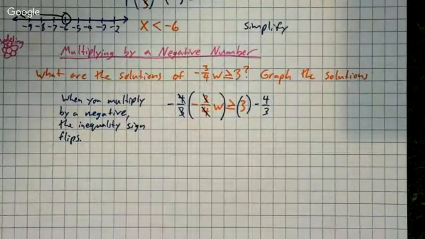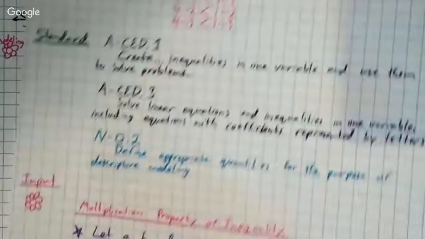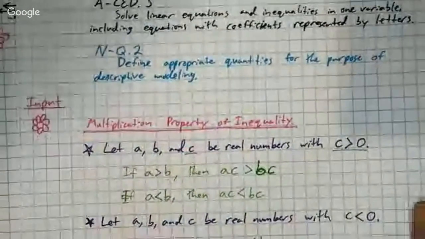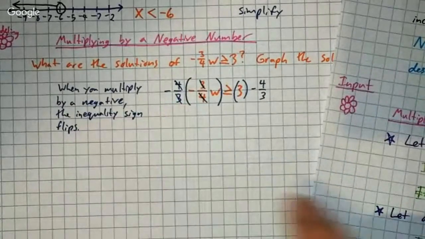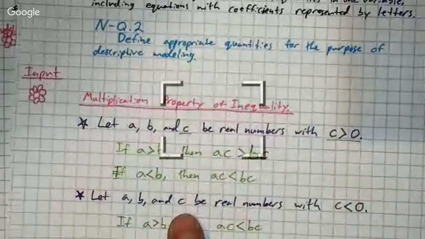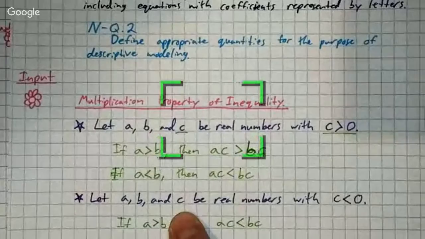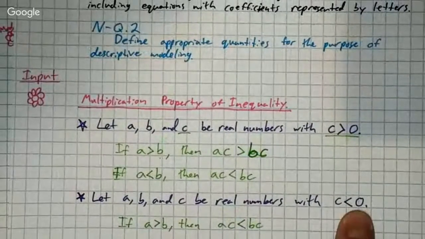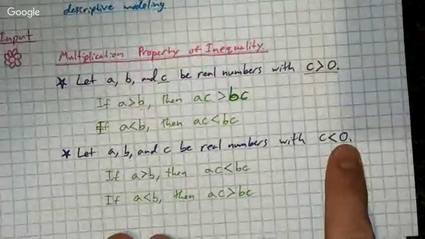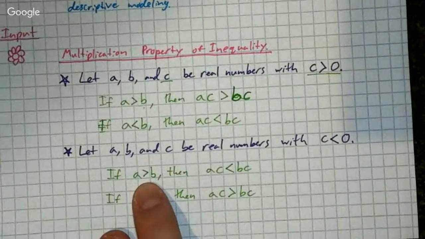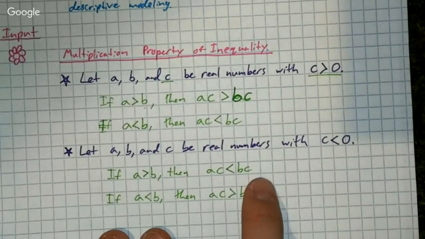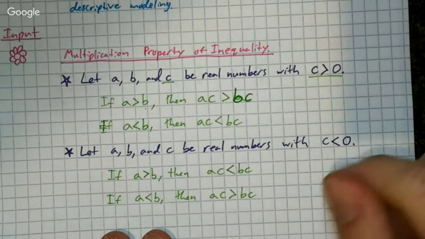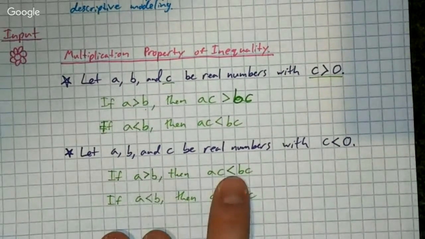And we know that because if we look back at our property, now we're talking about a number negative 4 over 3, which is what we're multiplying by, is C in this situation. And it's less than 0, meaning if A is greater than B, then A times C is going to be less than B times C. So since we're dealing with a negative number, that sign is going to flip.